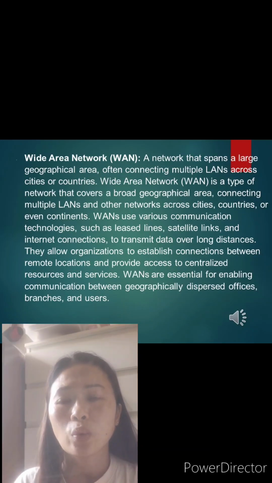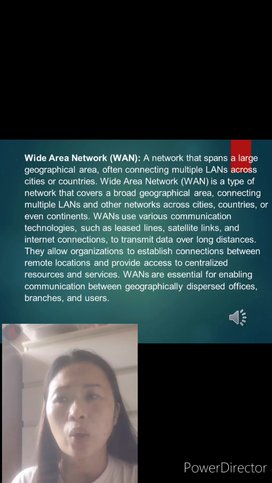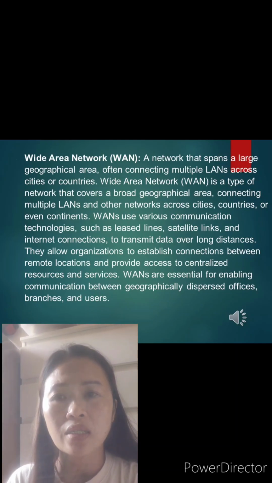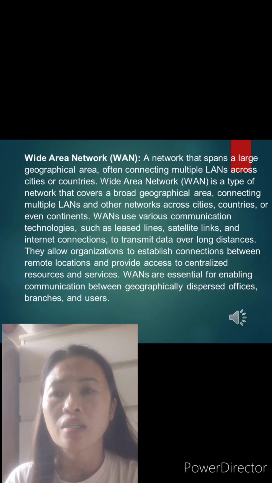The wide area network is a network that spans a large geographical area, often connecting multiple LANs across cities or countries. A wide area network covers a broad geographical area, connecting multiple LANs and other networks across cities, countries, or even continents.